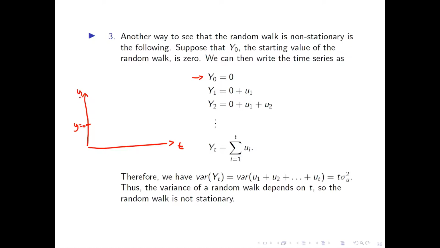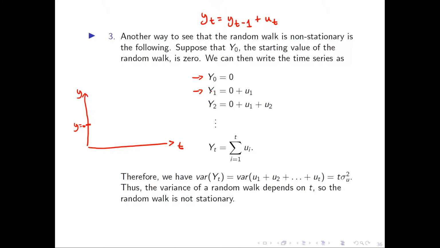Okay, so we start off at 0, right? Then the next value, because yt is equal to the value of yt during the previous period plus an error term at time t, right?